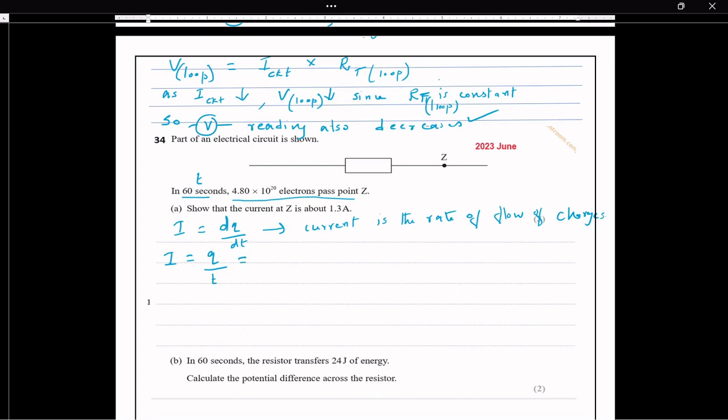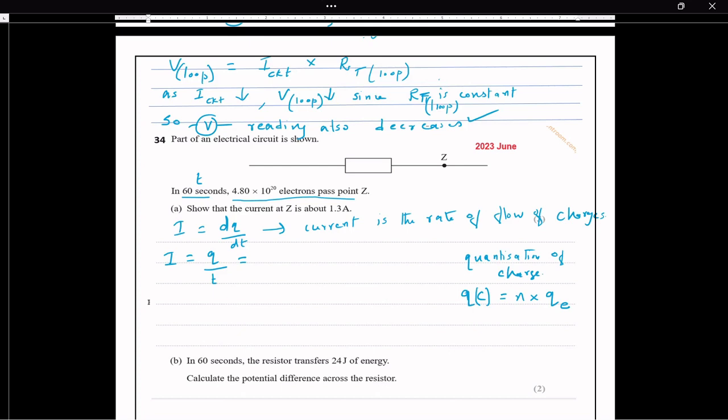But Q is, see, quantization of charge. The total charge in coulombs is the number of electrons times the charge of an electron.